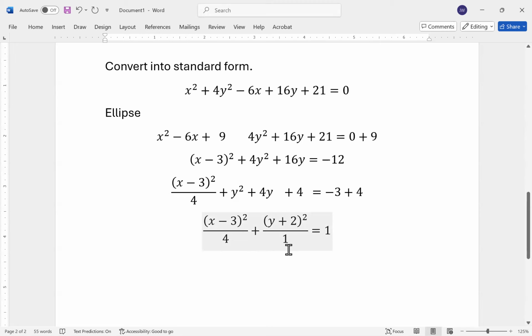The b value is going to be 1 because b squared is 1. The major axis is going to be in the x direction, and the minor axis is going to be in the y direction. And then you could find the foci. They're going to be stretched out in the x direction. So you can find all of the features of this ellipse now that I've converted it to standard form.